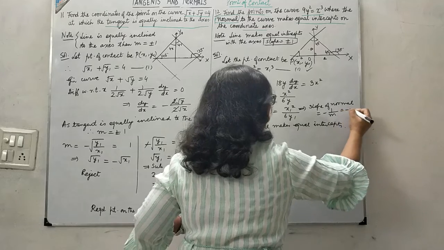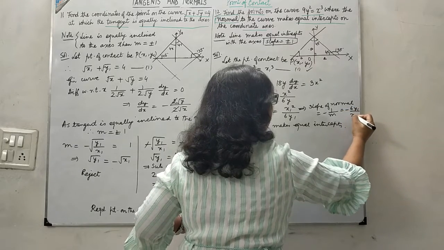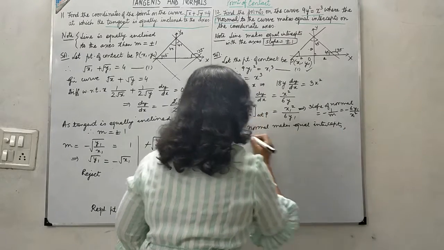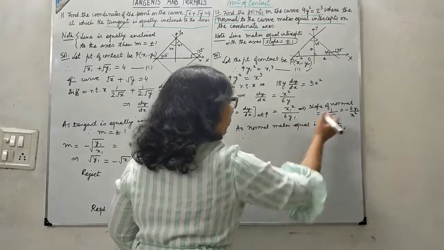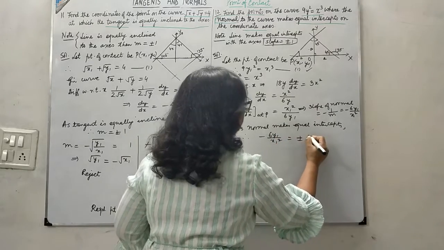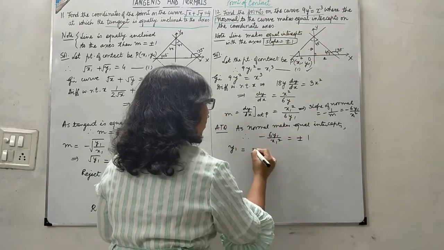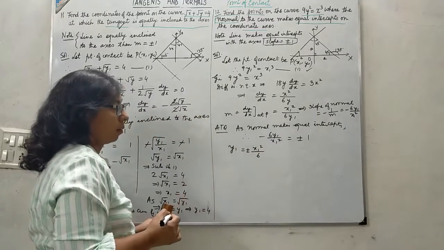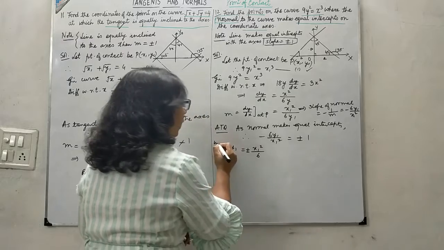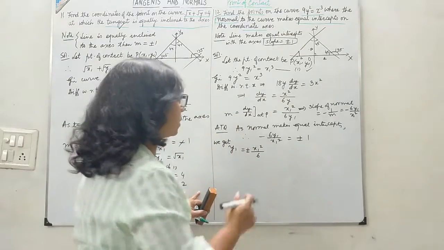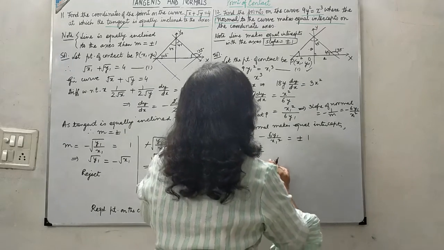That will become minus 6y1 by x1 square. Now as this makes equal intercepts, this slope will be plus minus 1. From here we can get y1 in terms of x1 as y1 equals plus minus x1 square by 6.